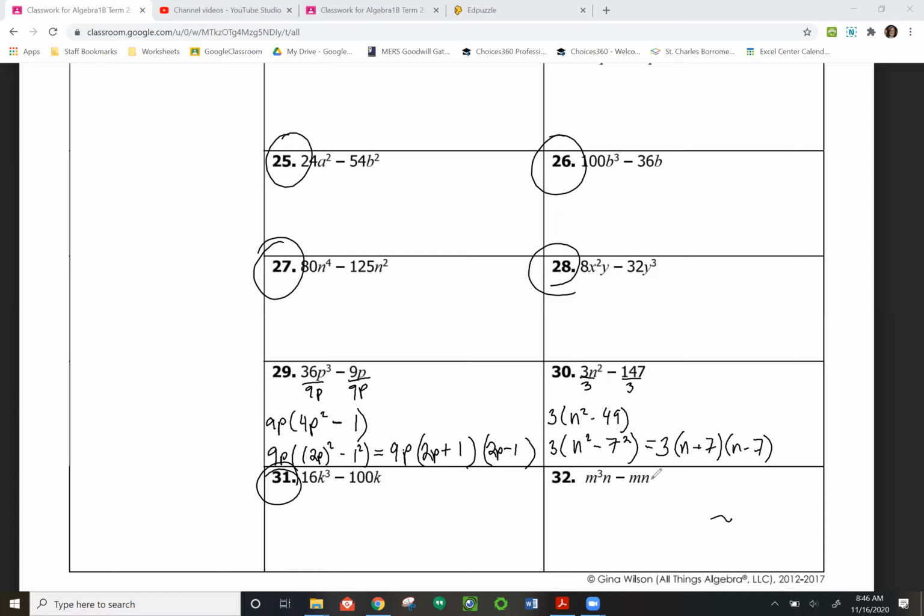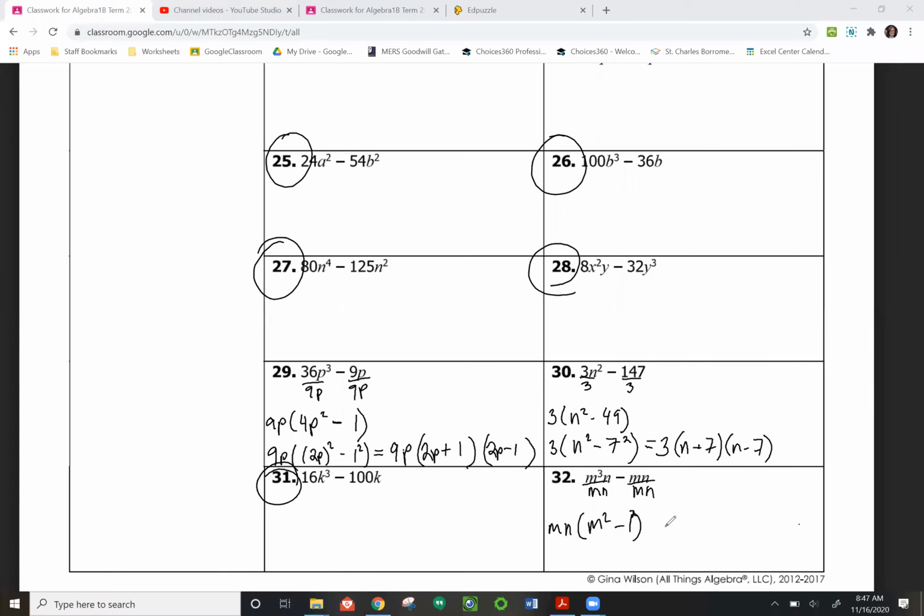So I look and see, it looks like I can factor out an m and an n. So I'll pull those out. I'm left with m squared minus 1. Now it's pretty easy to make sure that these terms are both squared. M squared minus, well, 1 is the same thing as saying 1 squared.